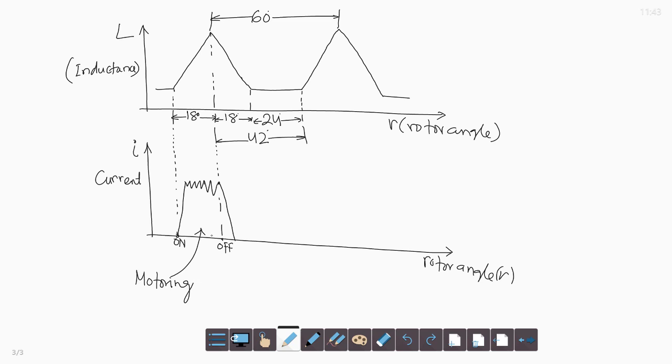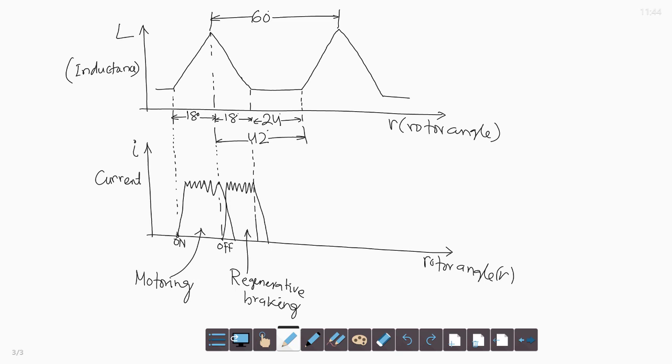So, we get braking torque, that means we can get regenerative braking action. So, this part is regenerative braking. Torque is negative. So, power is flowing from the drive to the DC source, and the DC source is getting charged. This is the regenerative braking operation.